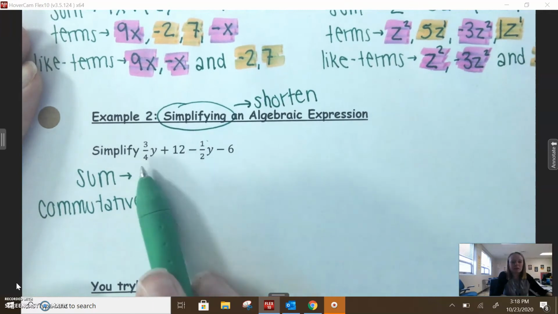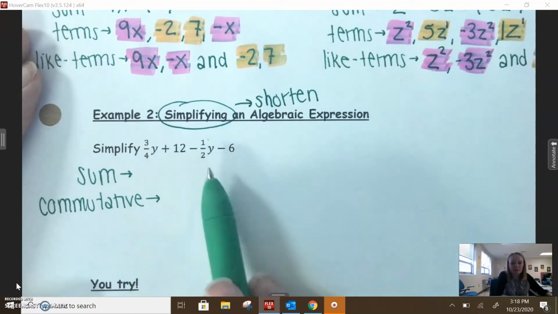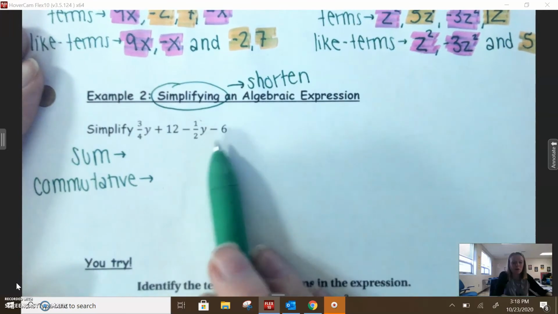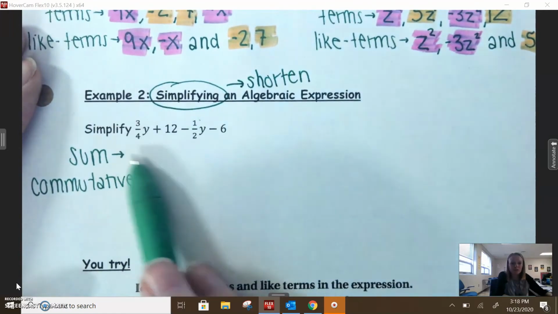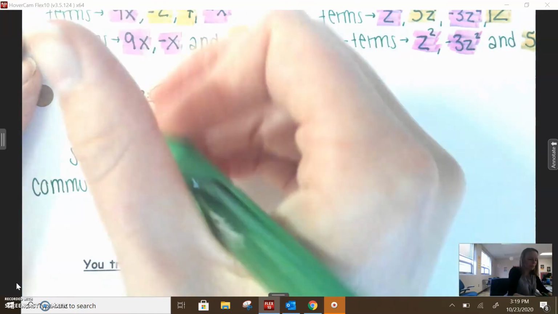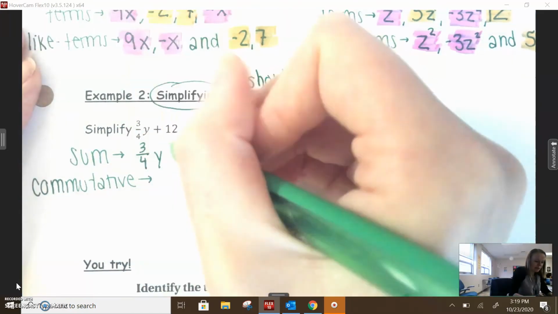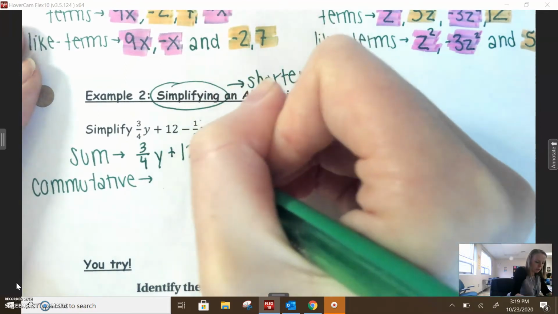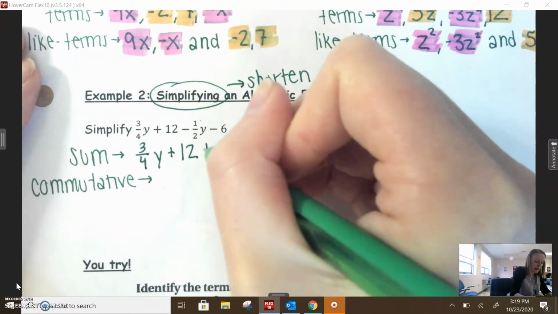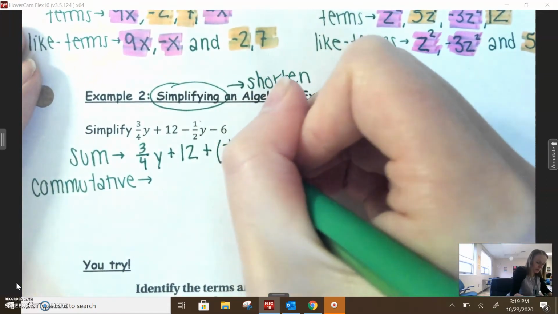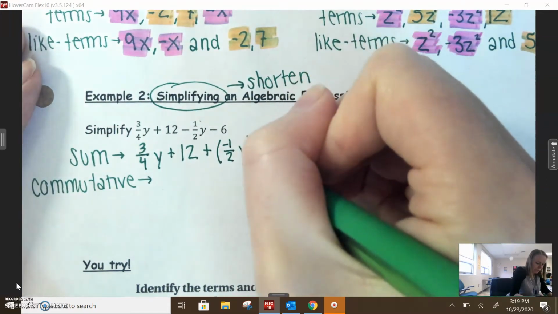So if you look at this, we have 3/4 y plus 12 minus 1/2 y minus 6. So same thing as before, we're still just going to write it out as a sum. We basically don't like subtraction anymore. So anytime we see subtraction, we want to write the opposite. We want to add the negative, or the opposite here, negative 1/2 y.